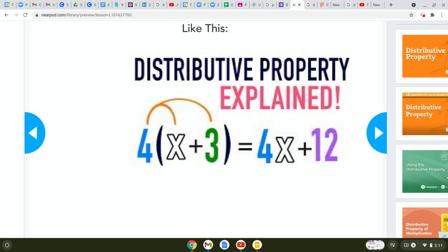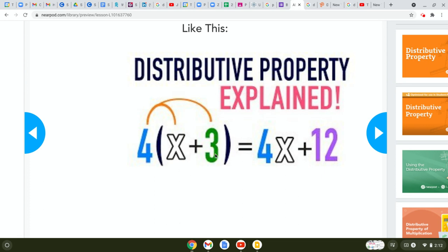You probably have seen an image like this about a distributive property explained here. So we have here 4 times, in parentheses, a variable x plus 3. So you see these arrows here. We're going to be distributing, or in that case, passing out the 4 amongst the x and the positive 3. So think about it as the 4 is going to be shaking hands with the whole table, right?